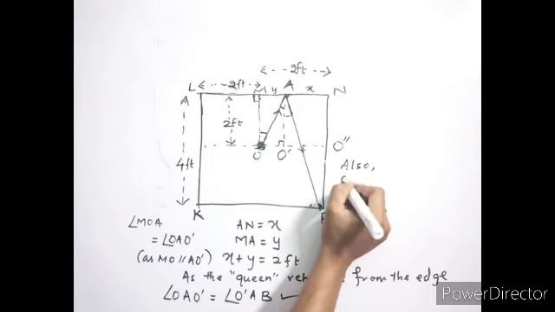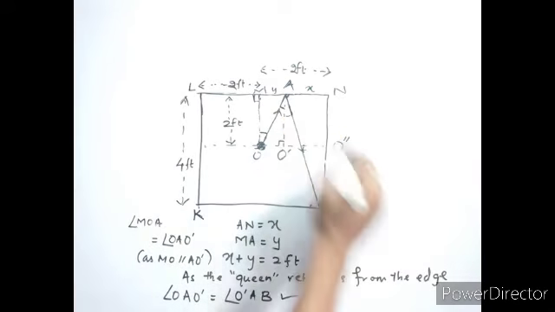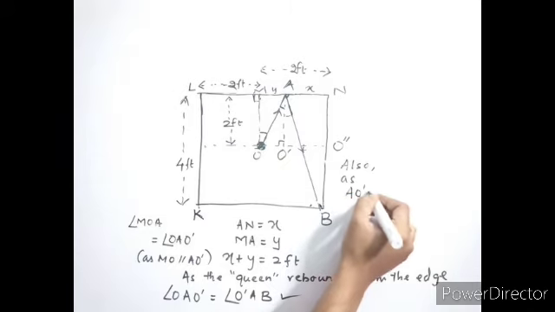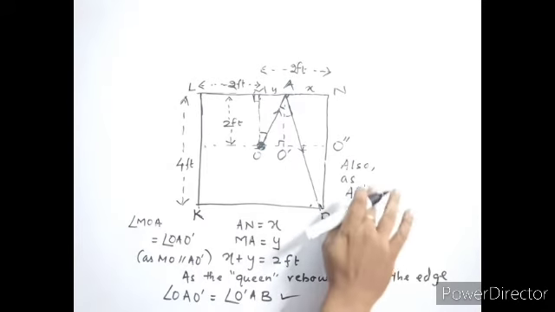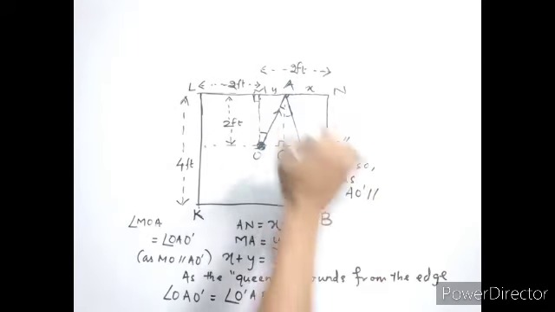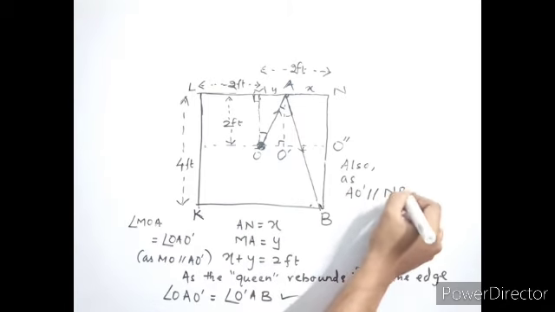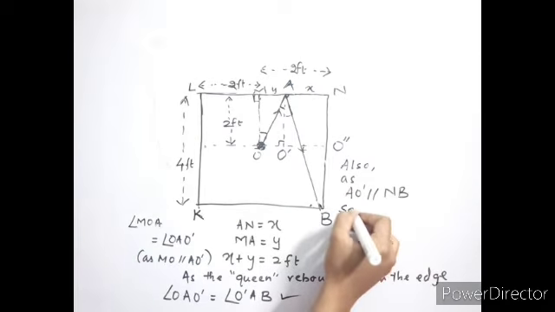Now also we have the line AO prime parallel to the line NB, that is the side.